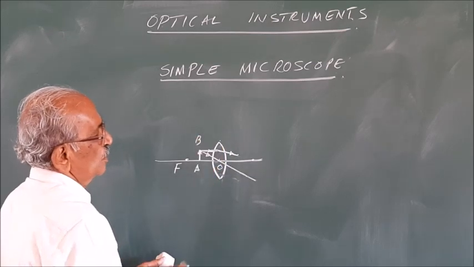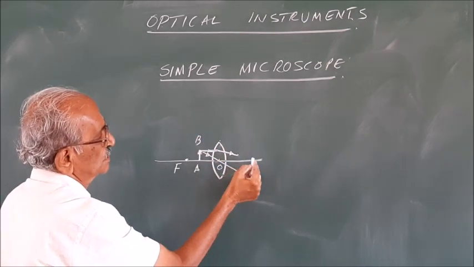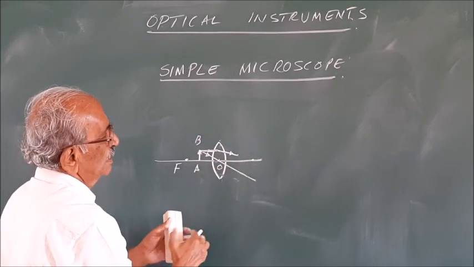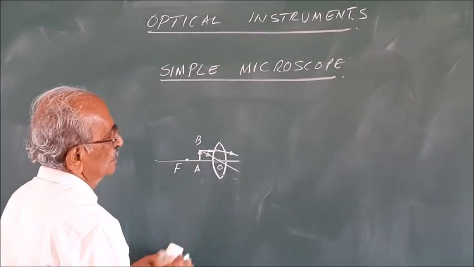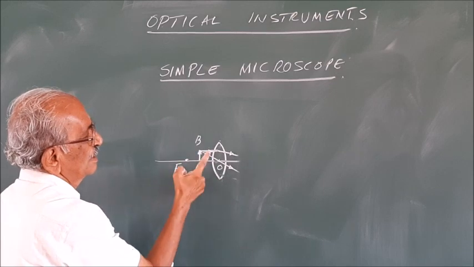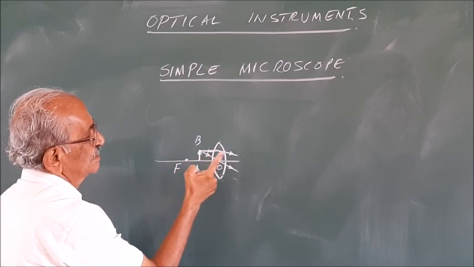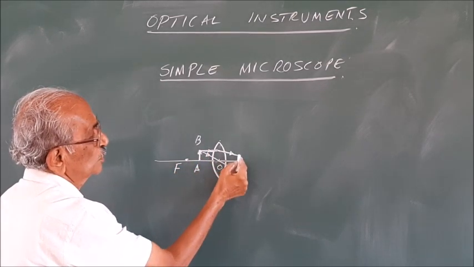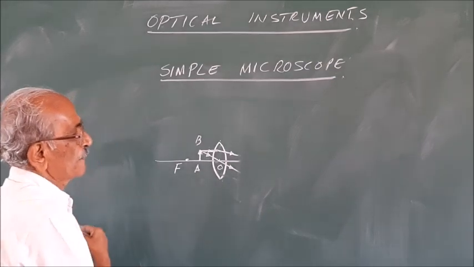These are the rays coming out of the lens. They are divergent, they have become further divergent, but they don't meet beyond the lens.